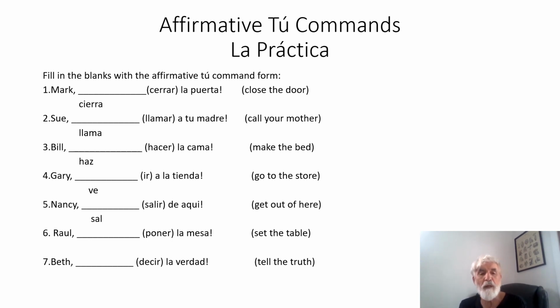And then Raúl, you want to tell him to set the table. I have to use poner. Again, it's irregular. Pon la mesa. And finally, you want to tell Beth to tell the truth, la verdad. It's irregular, so it will be di. And we have covered the affirmative tú commands.